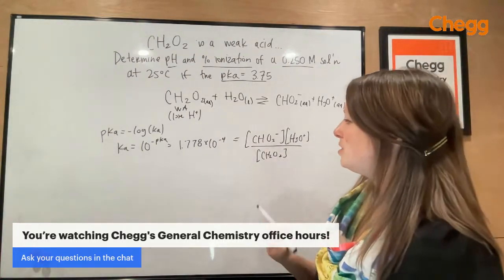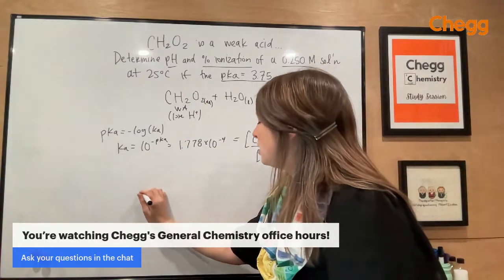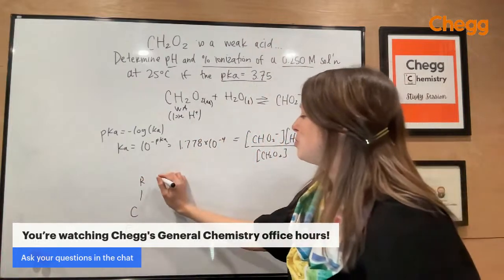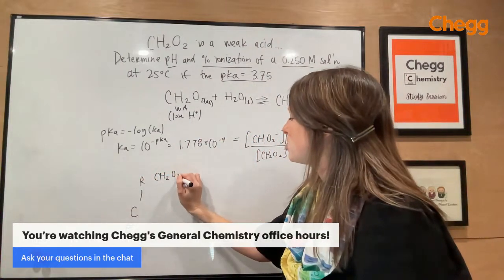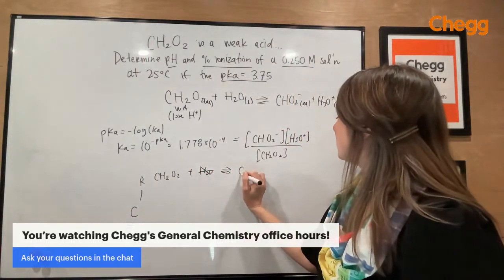All right, and then what do we know from this? So if I was to write out an ice table, let's see. My initial, change, and equilibrium, I like calling them rice tables because I do think it's valuable to have that reaction there as you're doing this. We're not going to worry about our liquid.